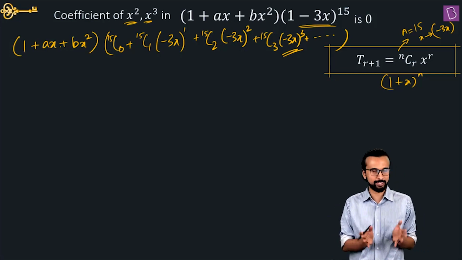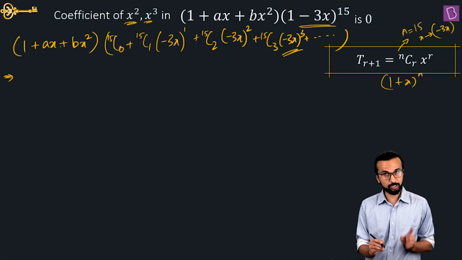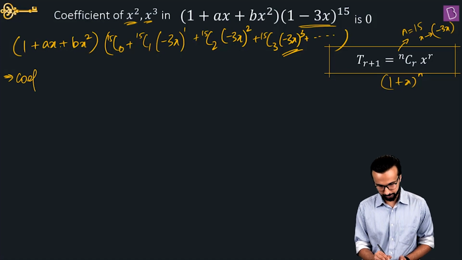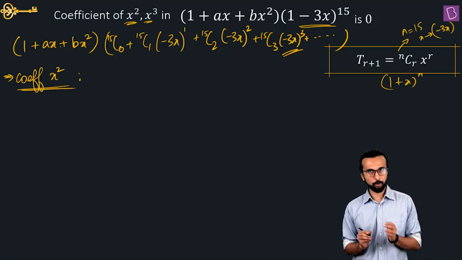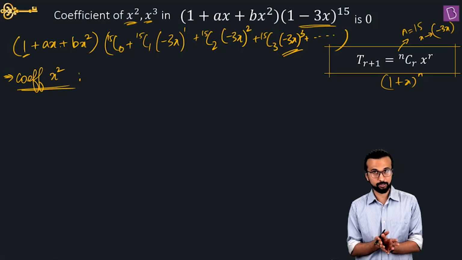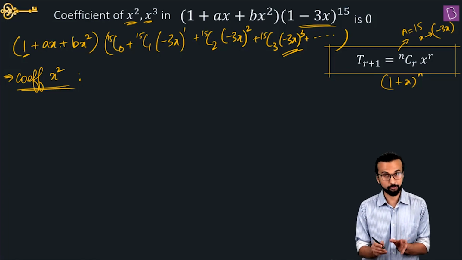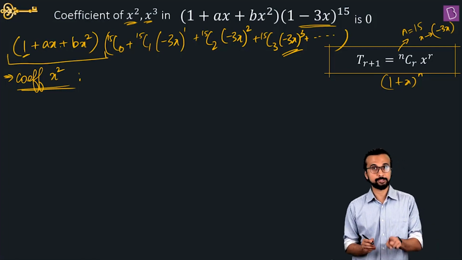Alright, there's no 1 by x anywhere. So here we'll first look for the coefficient of x square. For the coefficient of x square, you take the first term of the first part, which is 1.